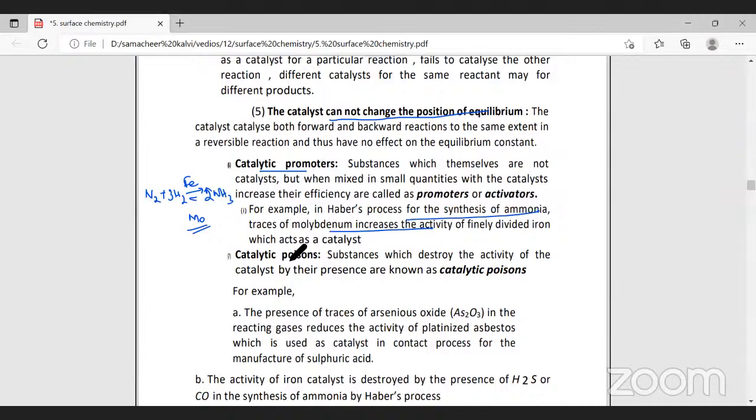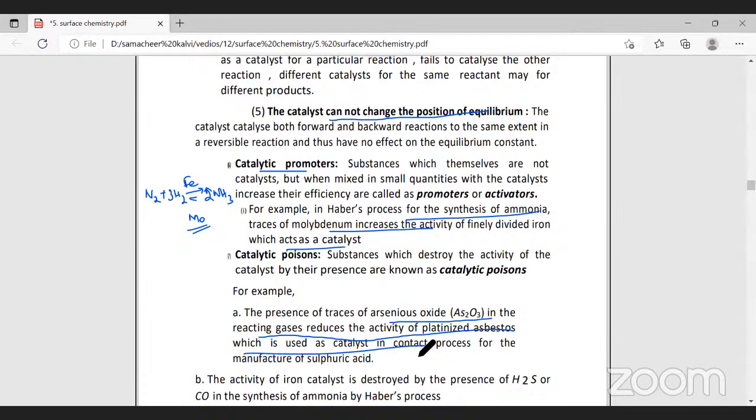There are explanations here. Similarly, catalytic poison: any chemical substance which decreases the efficiency of a catalyst is called a catalytic poison. Traces of arsenic oxide in the reacting gases reduce the activity of platinized asbestos, which is used as a catalyst in the contact process.